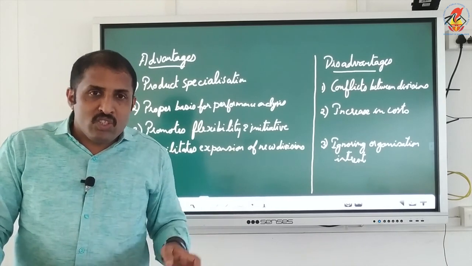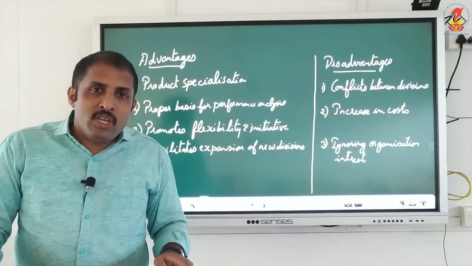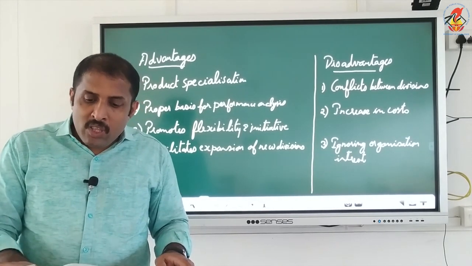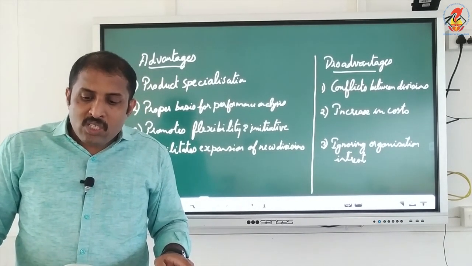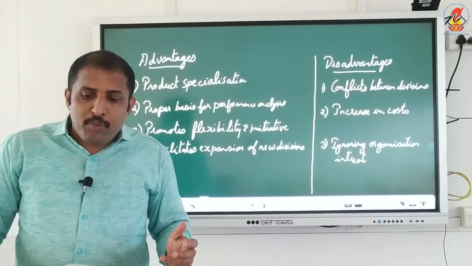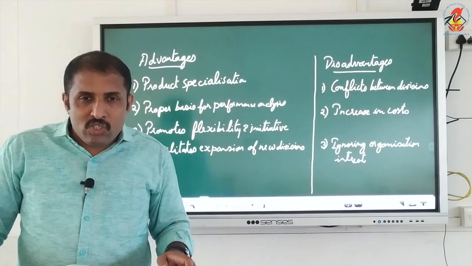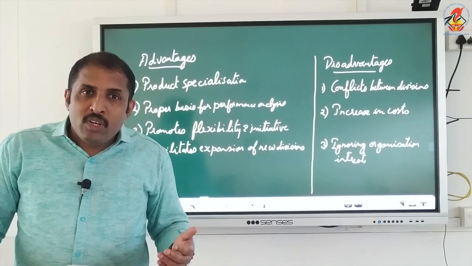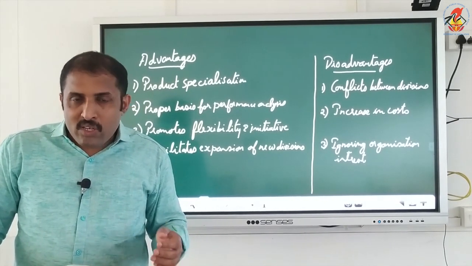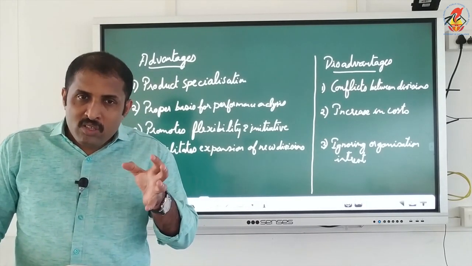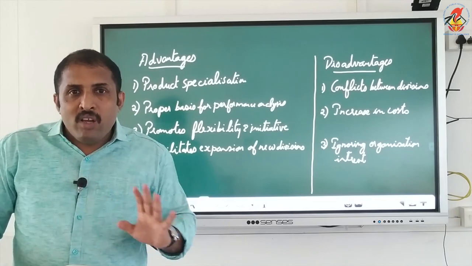When it is very large in nature, it usually adopts functional structure. Whereas when the organization is handling a variety of products, different kinds of products, it tends to adopt divisional structure. So that is all about the organizational structure, functional and divisional.